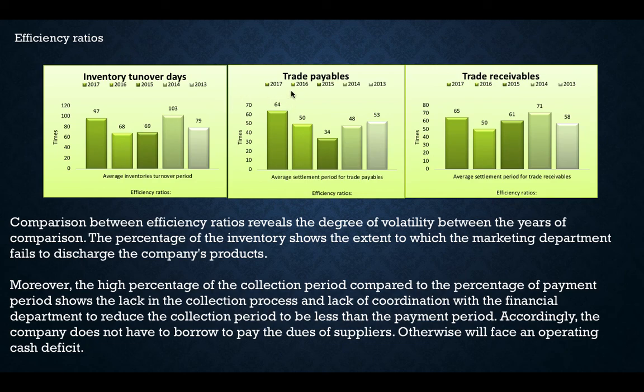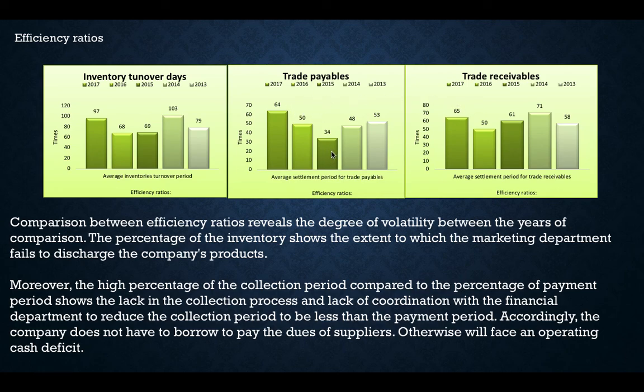The same if we compare trade payables with trade receivables, the surprise is that the trade receivables turnover is higher than the trade payables. What does this mean? This means to pay our supplier, we have to borrow because we collect the money after we paid the supplier.